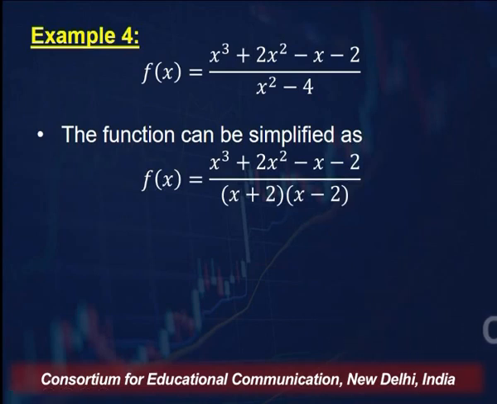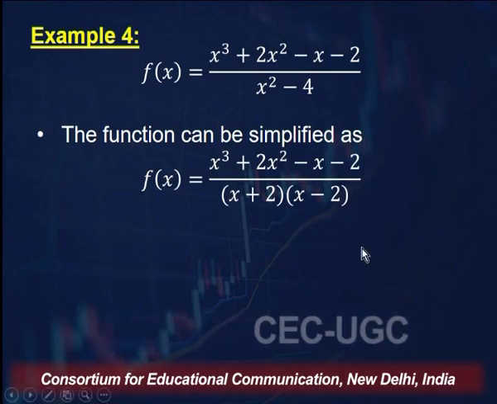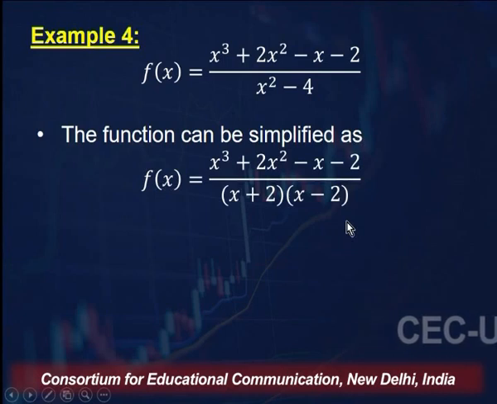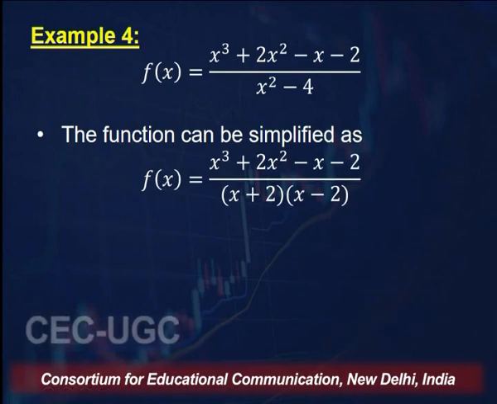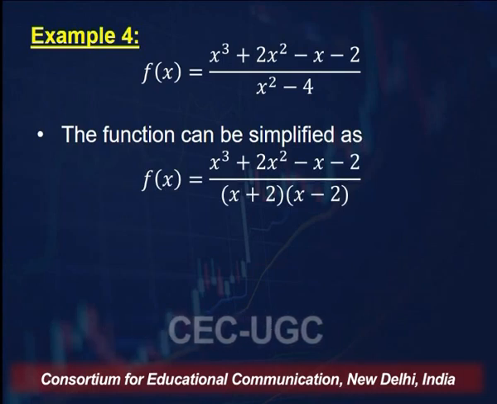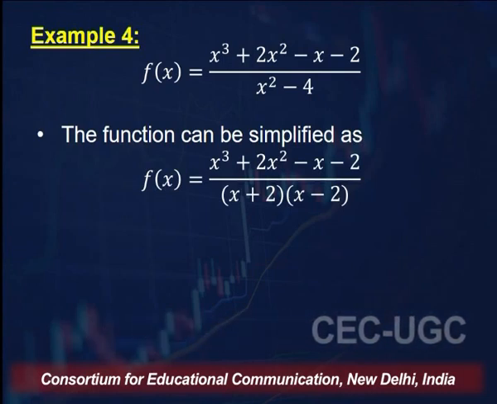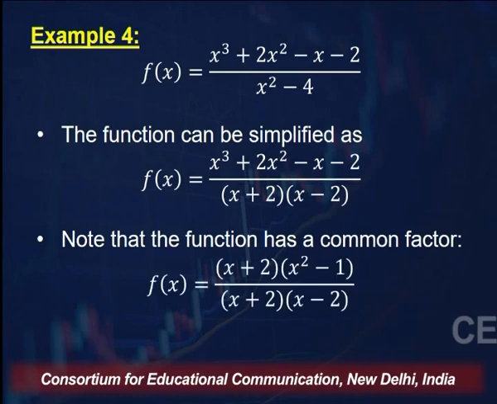But be careful here, because what students typically tend to do is report x equal to minus 2 and x equal to 2 as the vertical asymptotes when asked such a question. But note here that there is a twist to the story. This function actually has a common factor.